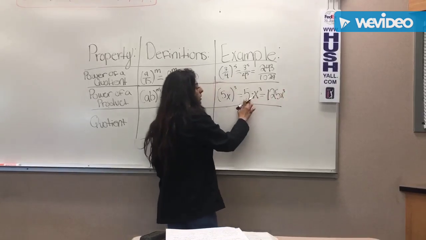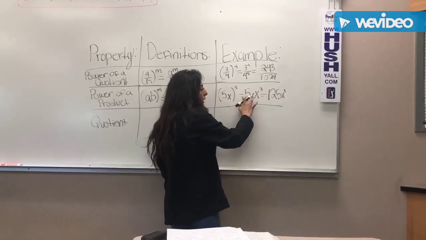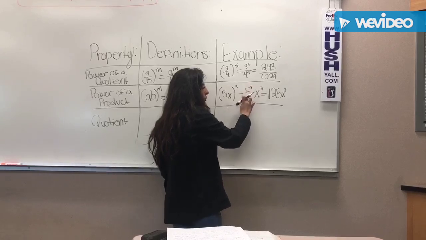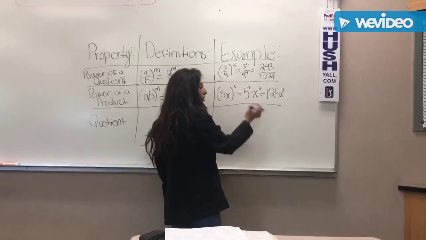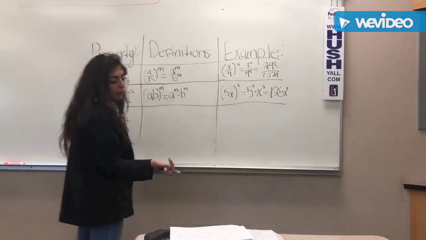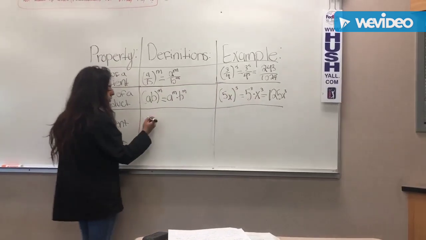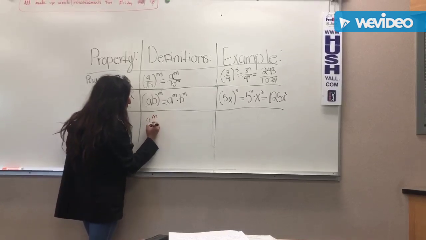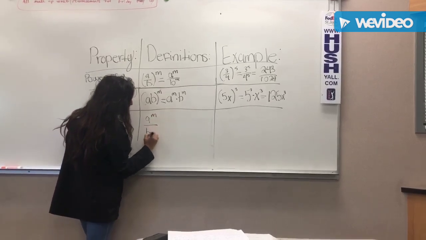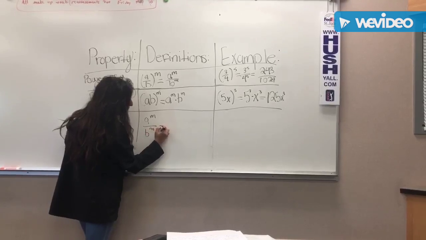This is because when 5 is to the power of 3, this would be 125. And then x alone, you can't simplify it anymore, so it would just stay as x to the power of 3.